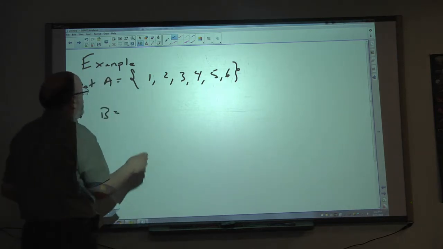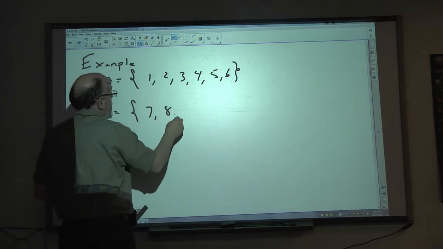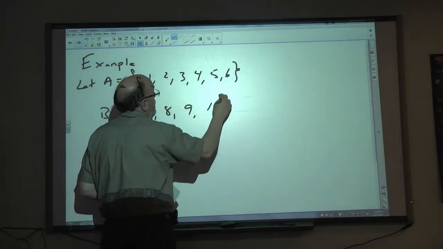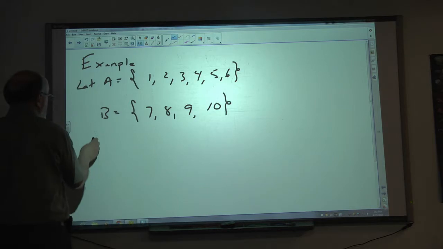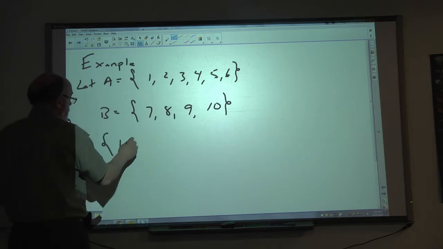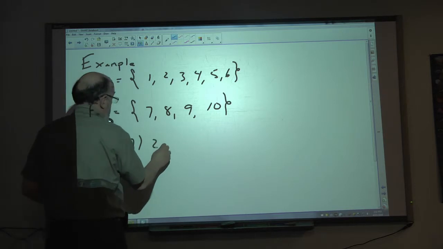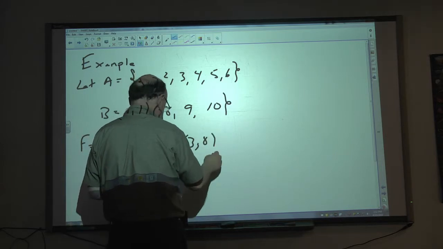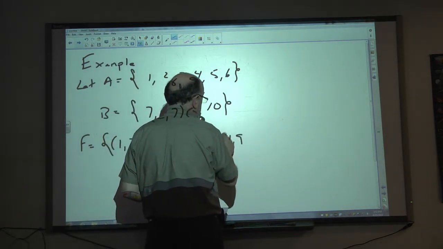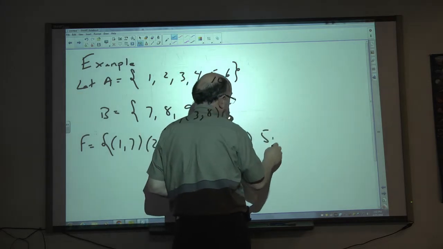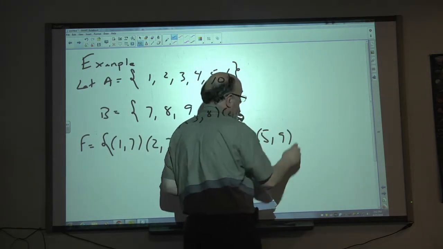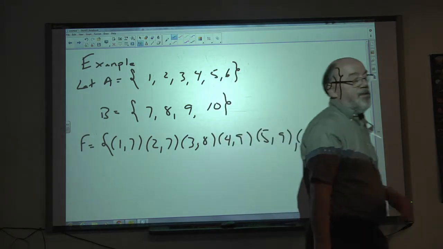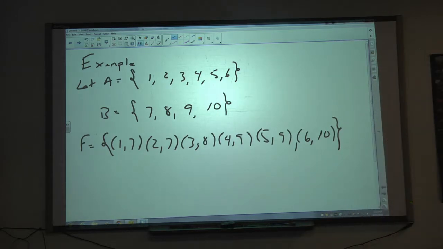Set B. Every element of B has a counterpart in it. Okay?